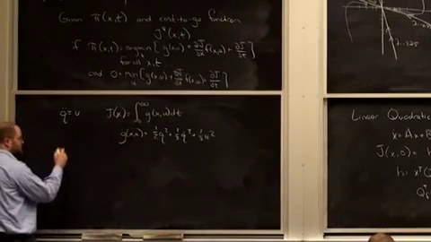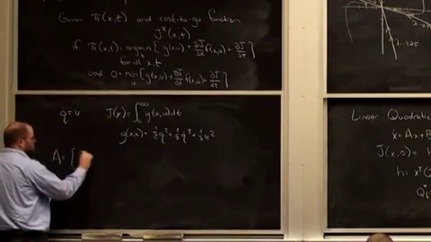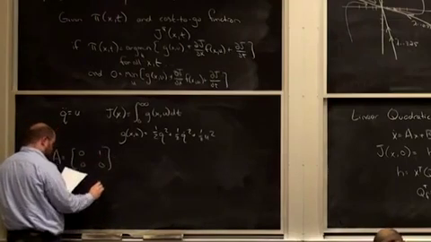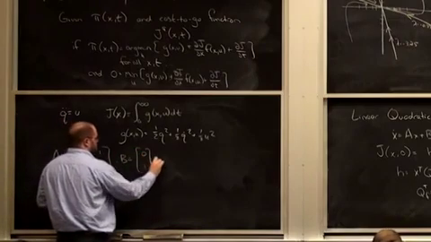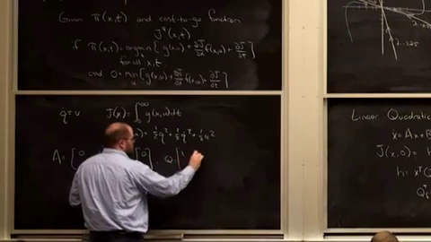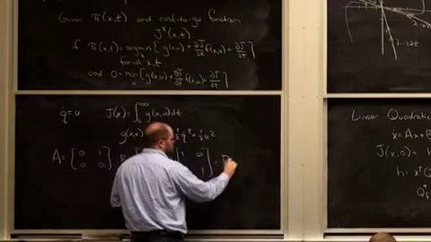Now that's exactly in the LQR form: A is 0, 1, 0, 0. B is 0, 1. Q is the identity matrix. And R is 1.